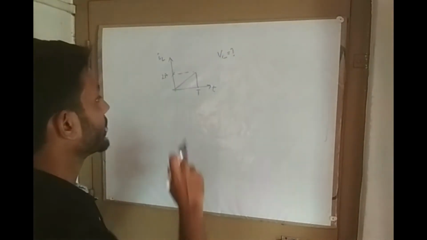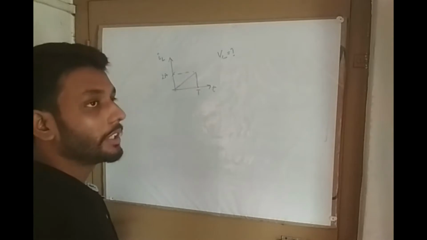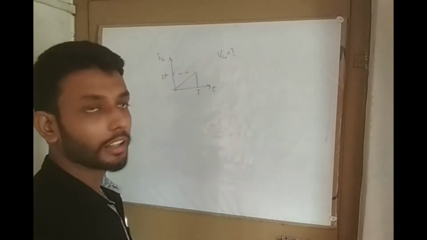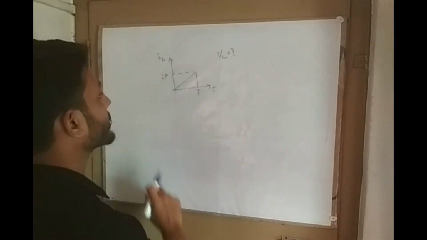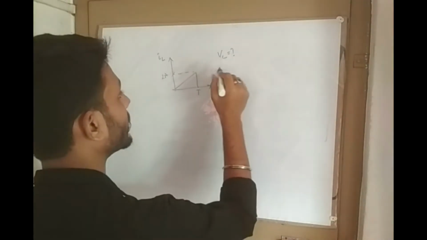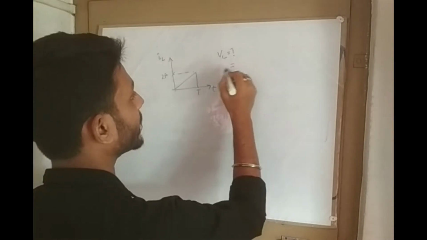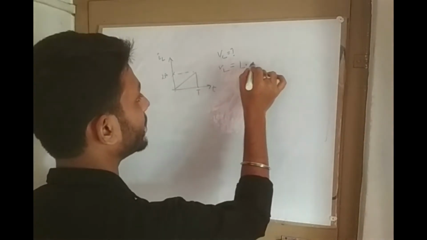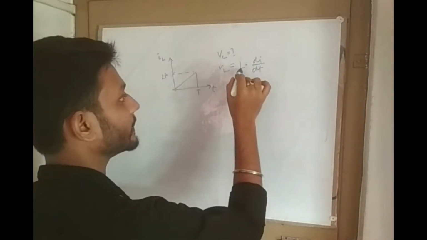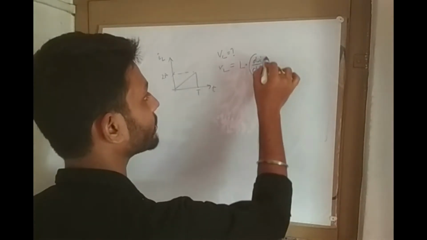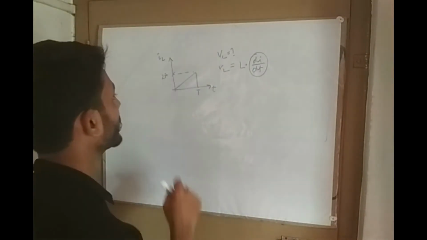In the other way, this type of problem, if you don't know about the signal, then you can find out the answer of this type of question in this way. VL equal to L multiplied by di dt. Okay, this is constant part, so we have to first find out the value of di dt here.